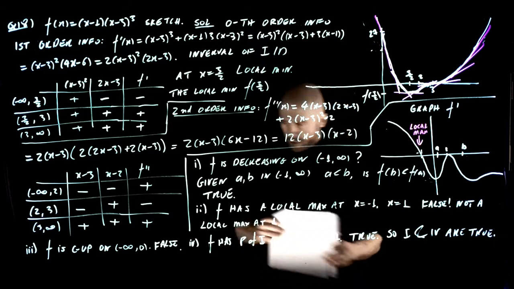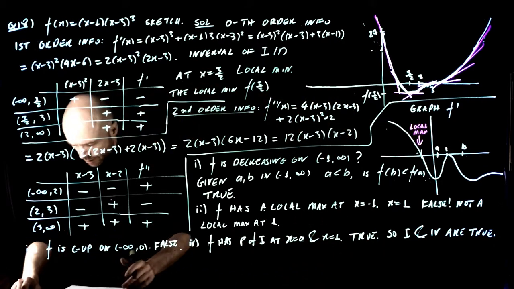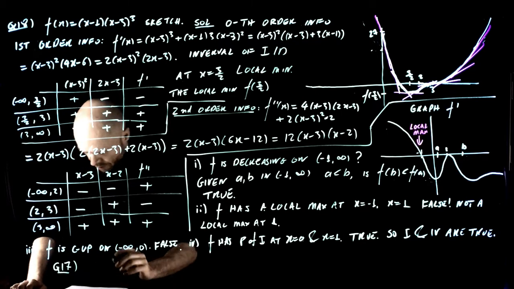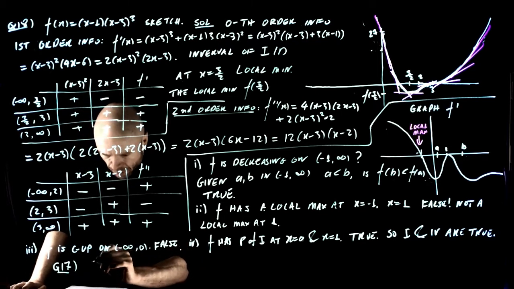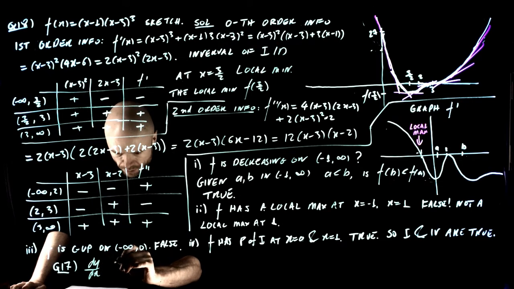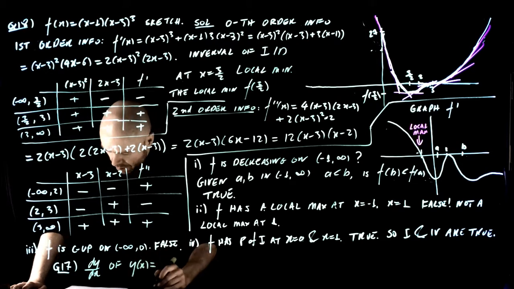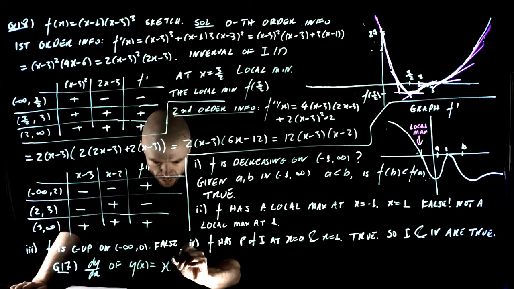All right, we have a log differentiation question. Let's just squeeze one in. Question 17. We want to find dy by dx of y of x equals x to the sine of x.